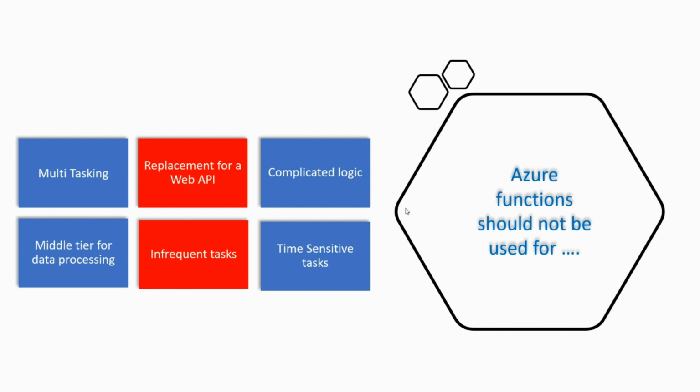And the last one, don't use Azure function for time sensitive scenarios, meaning any error condition leads to a wait period and that creates a huge dependency for the work completion, and thereby you will be spending a lot of money in terms of function execution. And so these are the scenarios where you should not go for using Azure functions.